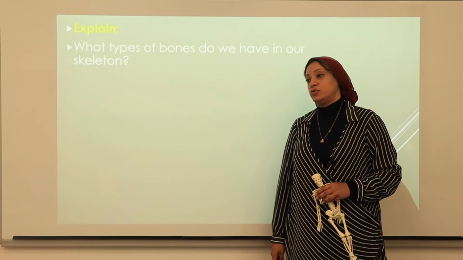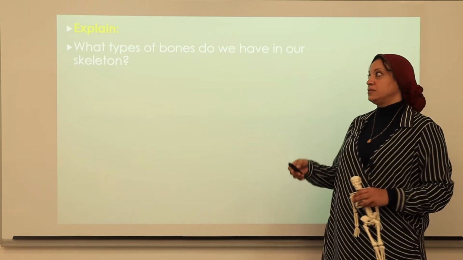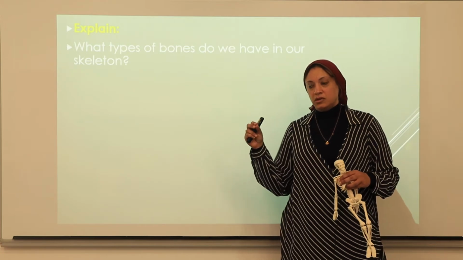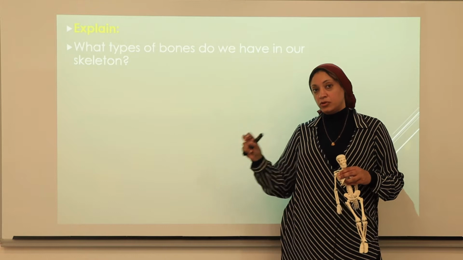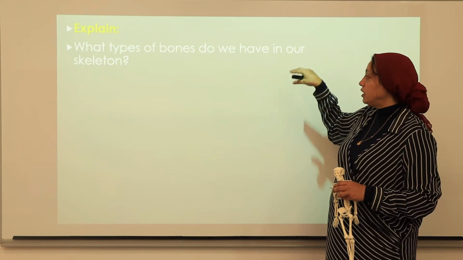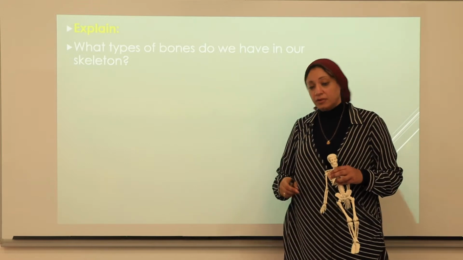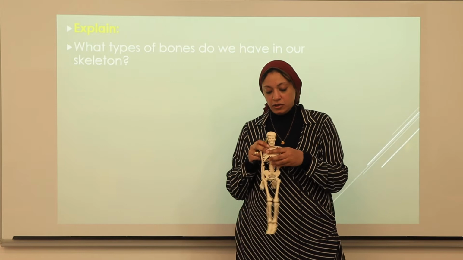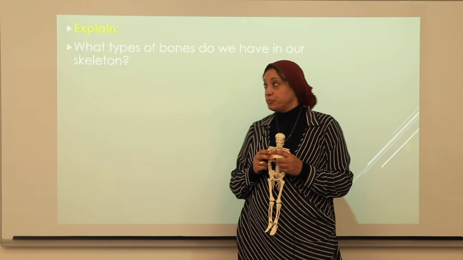In the beginning, we have to revise some important points in your topic. Explain what types of bones we have in our skeleton, as I explained to you last time.